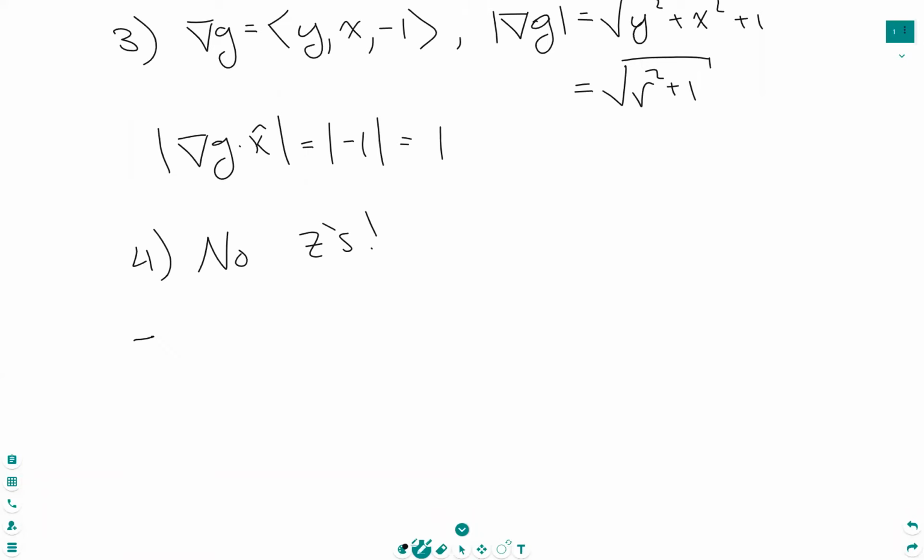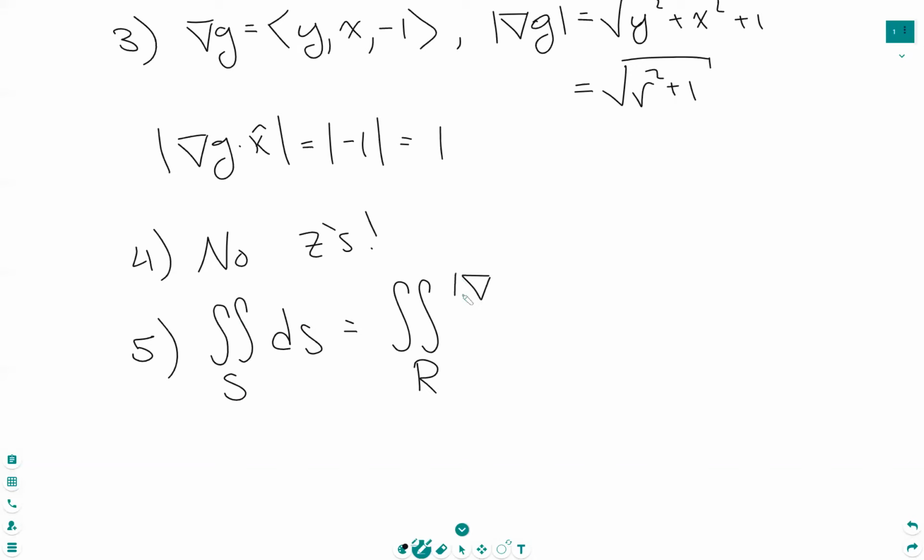So now for step 5, our surface area is given by the surface area integral with integrand 1. This will give us the area integral over the region R. We translate to the area integral here. And I think I'm going to try polar coordinates.